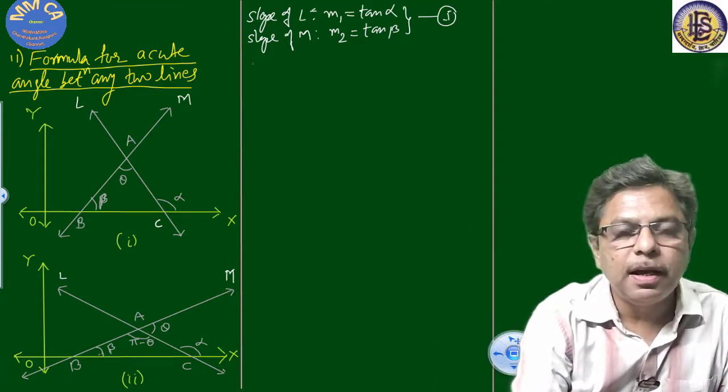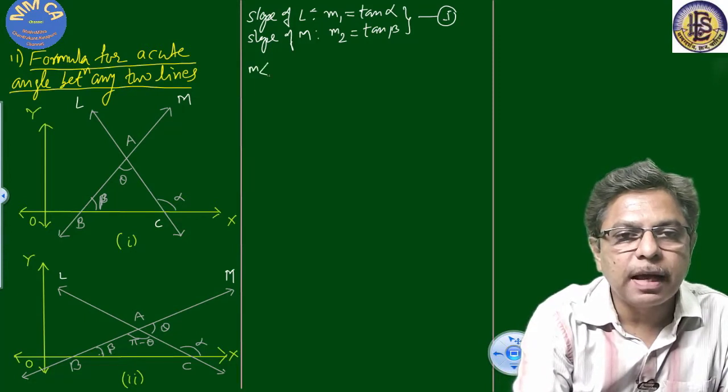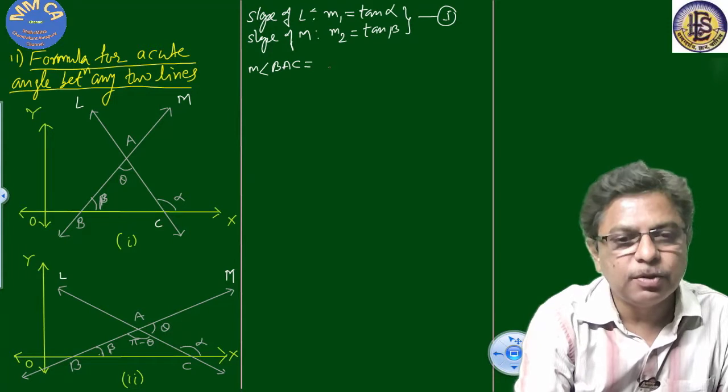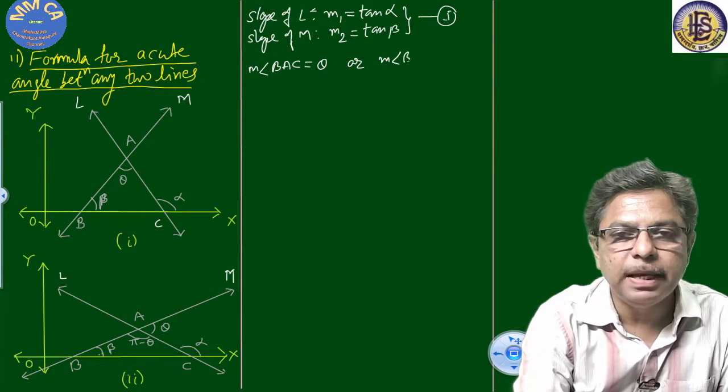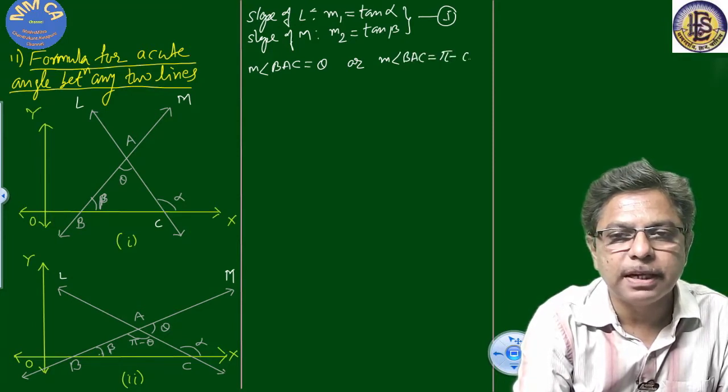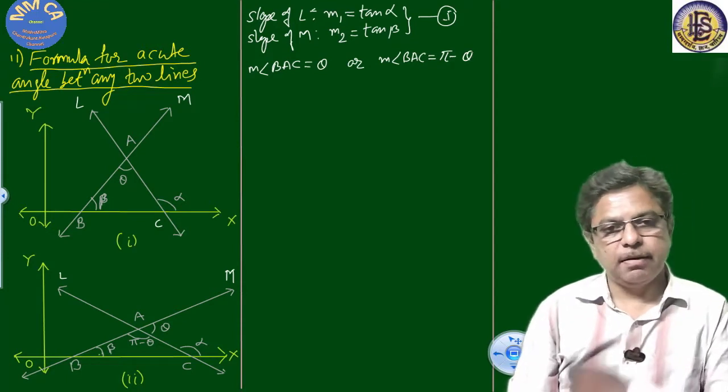So the measure of angle BAC, the angle between those two lines, is either theta or pi minus theta in the first and second case.